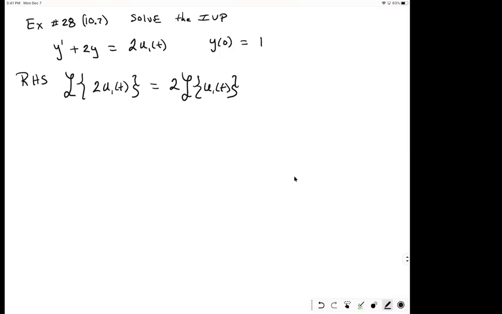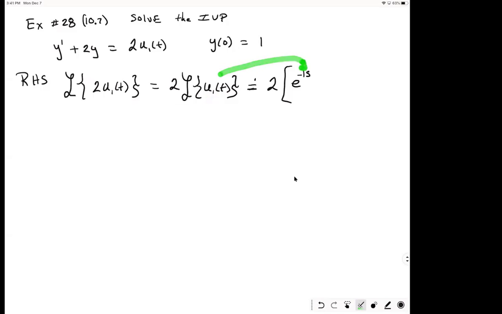This is equal to 2 times... and here we have to be careful that we remember what the theorems are. u sub 1 gets us the e to the minus 1 times s. That's the easy part, and that comes right from the second shifting theorem.